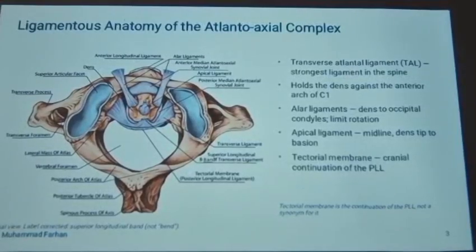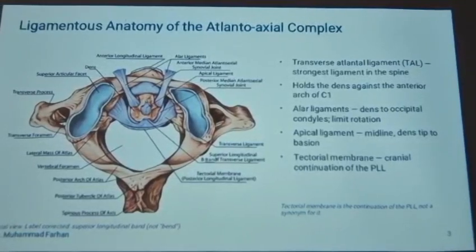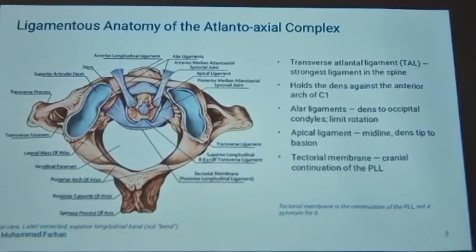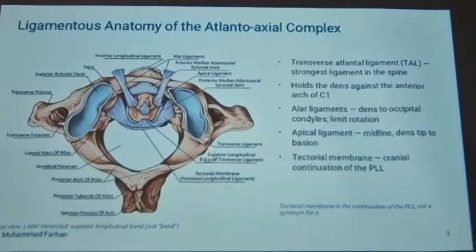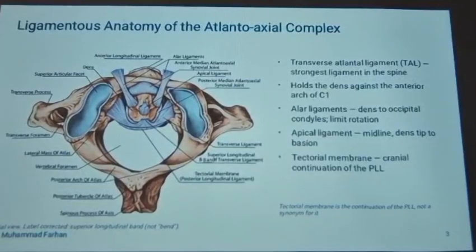The main ligament is the transverse ligament of the atlantoaxial complex, and other ligaments which can stabilize the complex are the alar ligaments, the tectorial ligament, and the apical ligament.